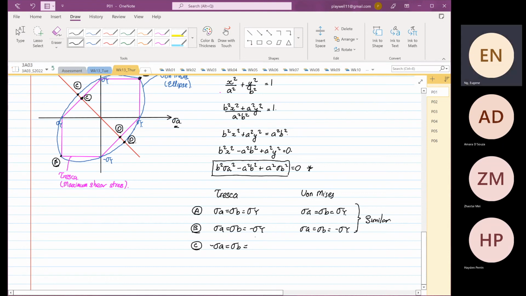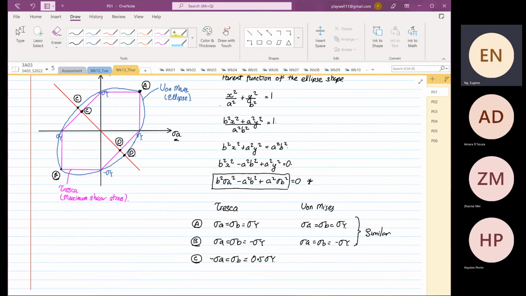On stress A, yeah, 0.5 stress U. If we were to look at Von Mises, at point C, which I'm highlighting in yellow now, the point C for Von Mises and Tresca did not overlap one the other. Okay.